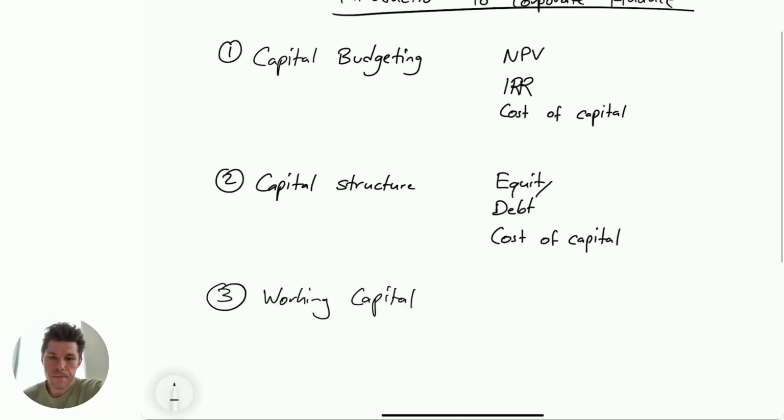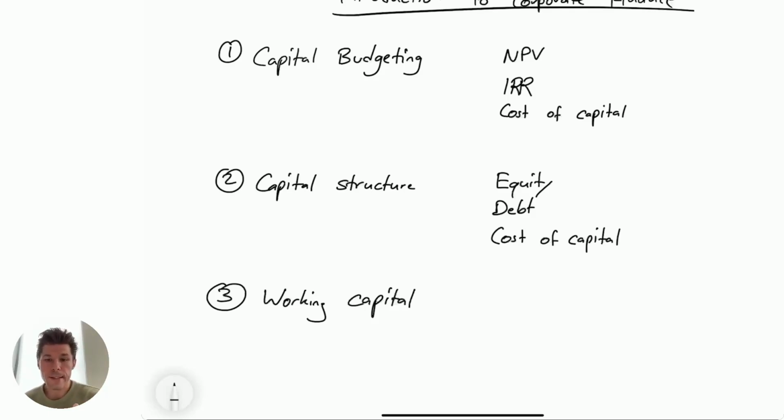And then the third part of corporate finance is all about working capital. Here we talk about the amount of money available for day-to-day operations. Capital budgeting is long-term, capital structure is how your operations are financed, and then working capital is more short-term focus. How should short-term operating cash flows be managed?